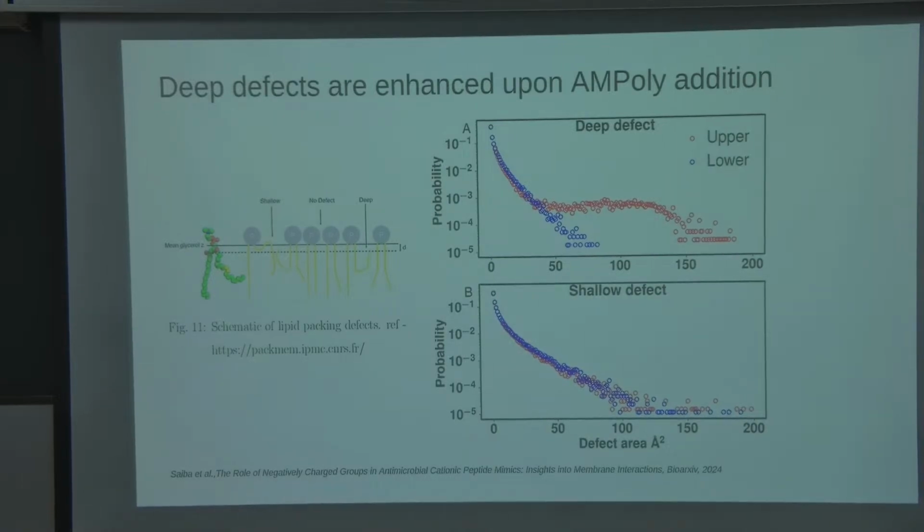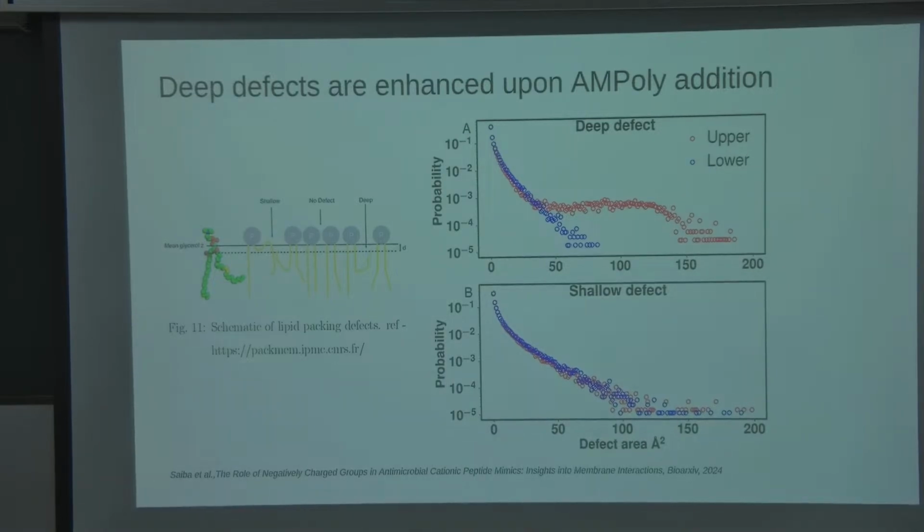What we observe is that upon the addition of our polymer, the deep defect sites on the upper leaflet of the bilayer, where the polymer sits, go up by a large extent, whereas the shallow defects are unchanged in both upper and lower leaflets. Here the lower leaflet is like the control, where the polymer is absent, right?